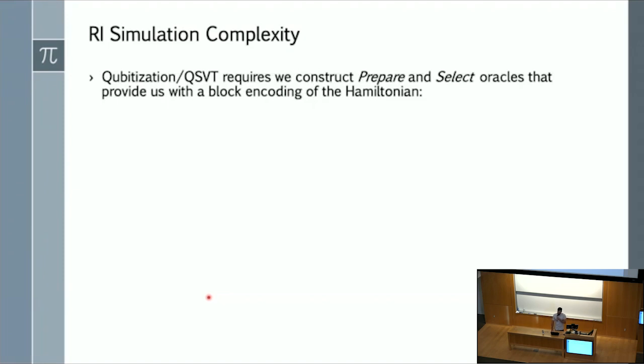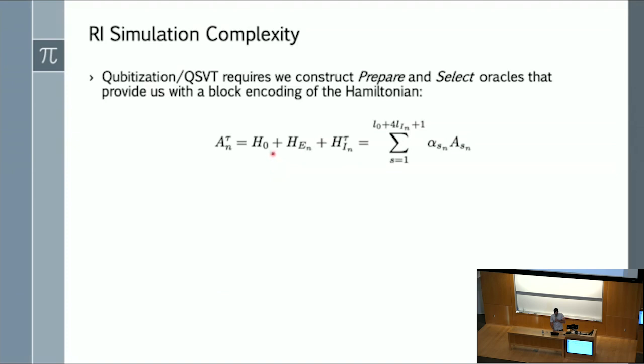Okay, so now in terms of the complexity of the whole algorithm, we also investigate Trotter in the work, but the best scaling comes from qubitization, so that's what I'll talk about here. We need to construct prepare and select oracles, which have been discussed earlier today, in order to get our LCU block encoding.